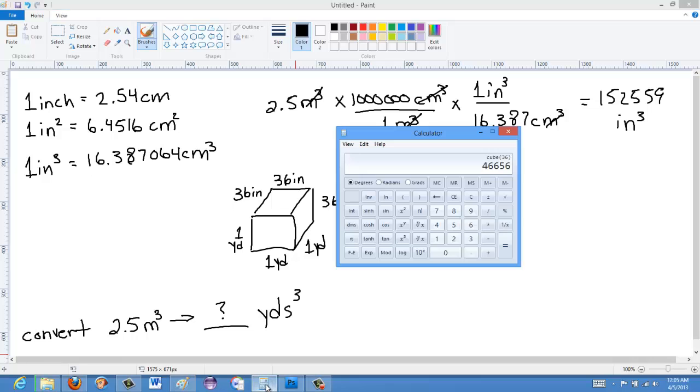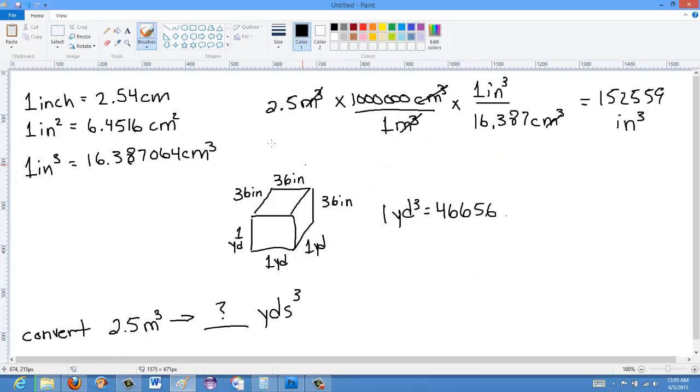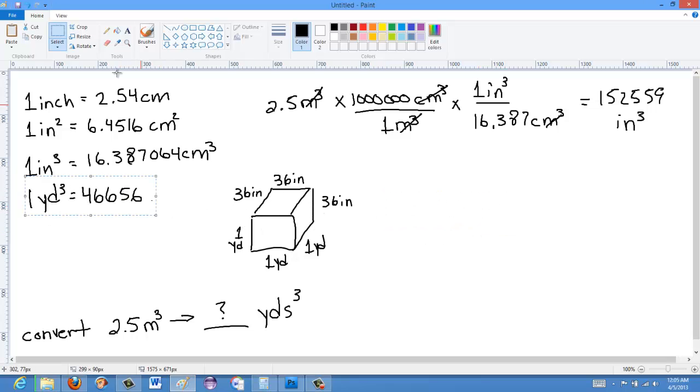So take my little conversion rate that I just figured out there, and remember, I'm not memorizing these, I'm just coming up with them on the fly. The only one I've really memorized is this one here. I don't need this anymore.